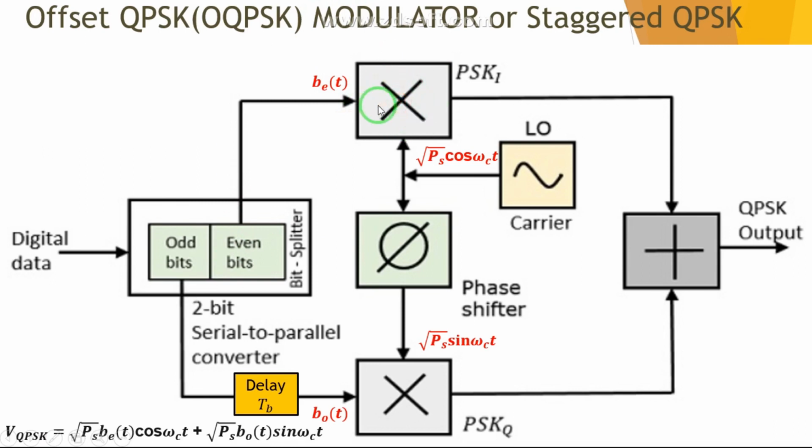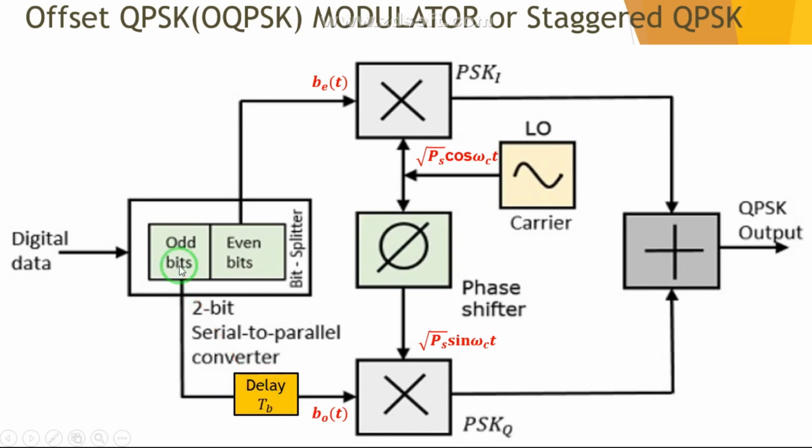And similarly, the bit stream b_o(t), that is the odd bits, consists of the odd bits, meaning 1, 3, 5, 7, and so on. You can see over here there is a delay block, denoted by T_B.